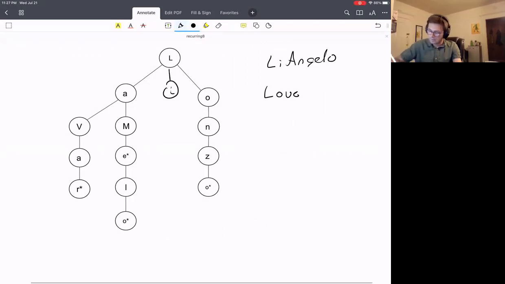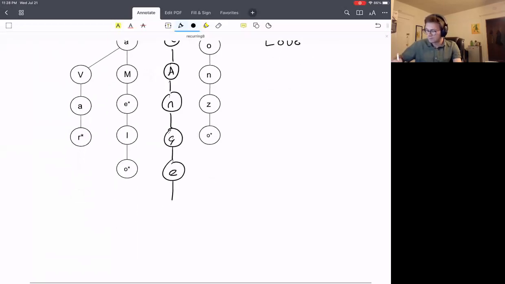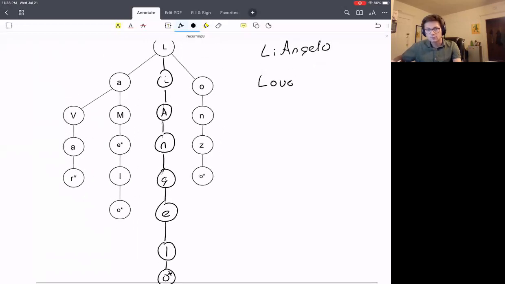And then we're going to look below the I for an A node. There isn't one, so we're going to create one. Going to look for an N node. There isn't one, et cetera, et cetera. Basically, once we encounter the first node that does not exist, all subsequent nodes will not exist. We go all the way down to this O, and don't forget to put a little asterisk at this O, so we know that LiAngelo is an actual name.